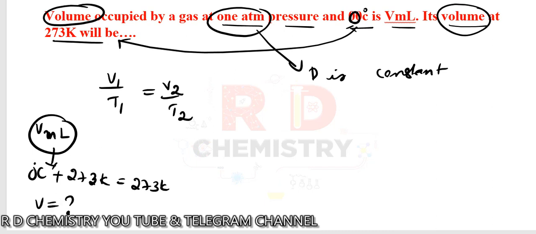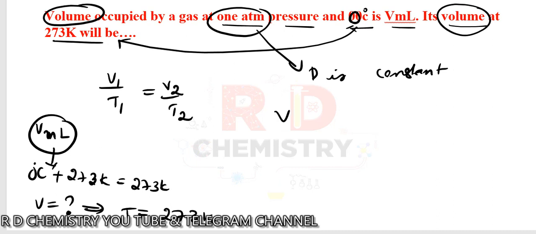What will be the new volume? For that, the temperature is already given, it is 273 Kelvin itself, not degree centigrade. Remember, both the temperatures are the same. When both the temperatures are the same, volume will be the same because volume is directly proportional to temperature.